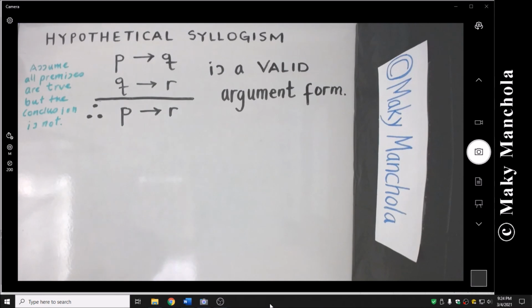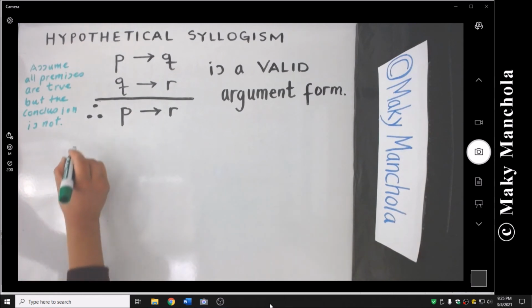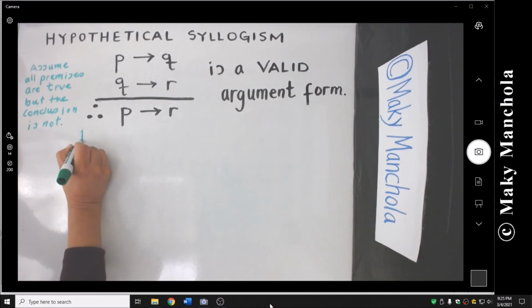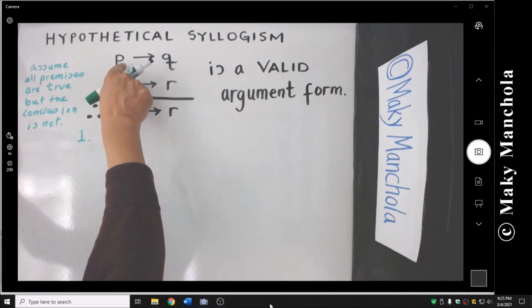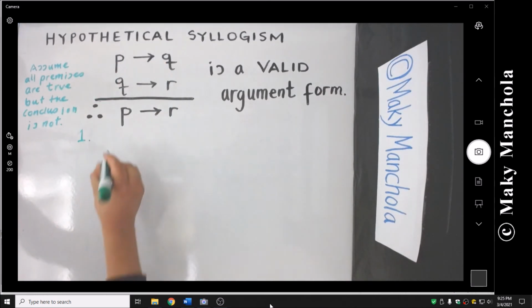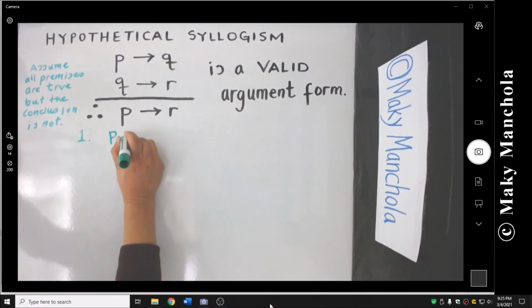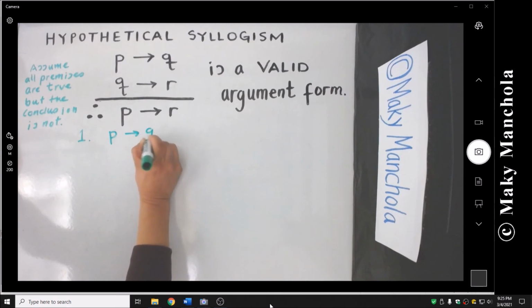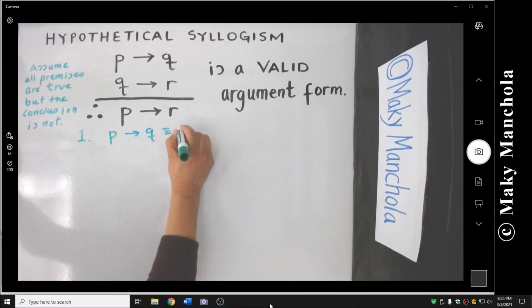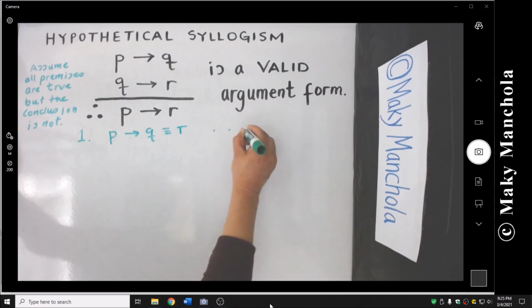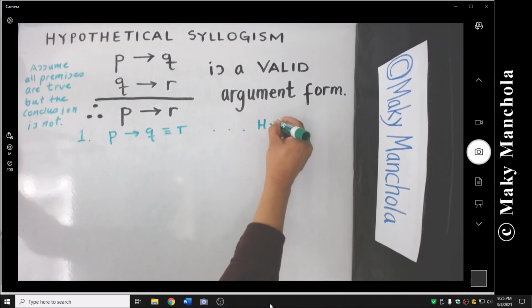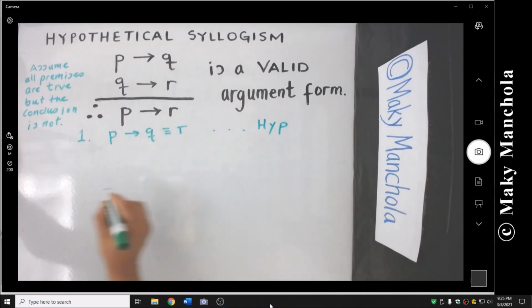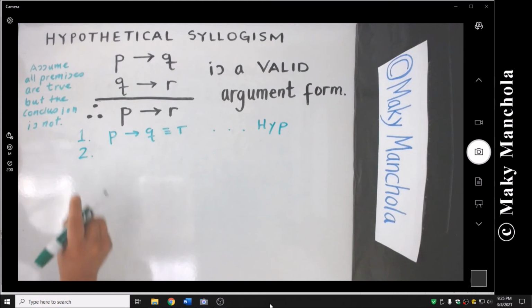So let's begin. We're assuming all premises are true. So let's do this in steps. Our first step, P implies Q is true. That is one of our hypotheses. Step 2. Q implies R is true.